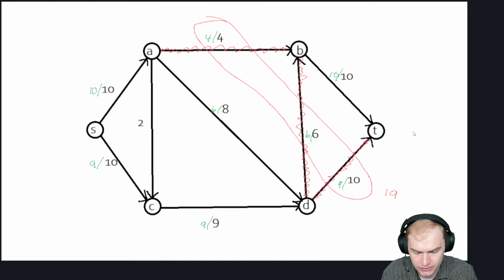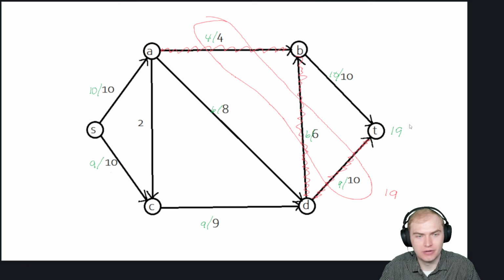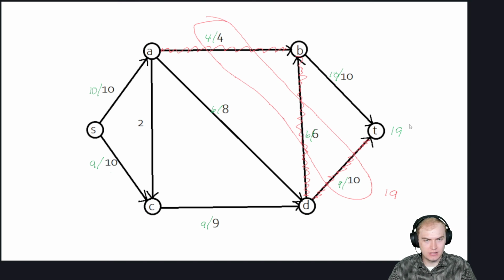But there's also 19 flowing into T. This is weird, because it's not used at capacity for some reason.